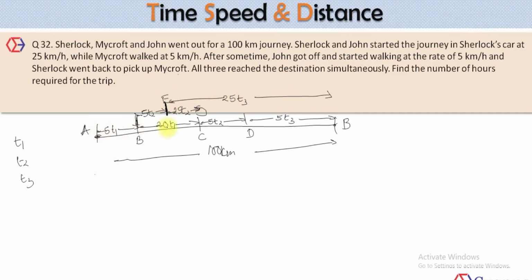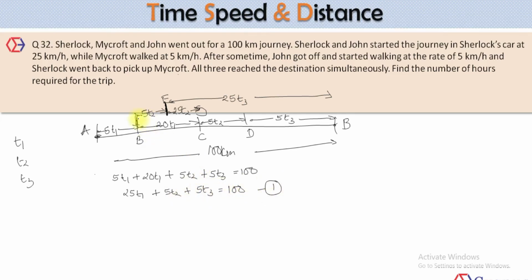Can we say 5 T1 plus 20 T1 plus 5 T2 plus 5 T3 must be equal to 100. This will give you 25 T1 plus 5 T2 plus 5 T3 is equal to 100. This is equation number 1 for me.